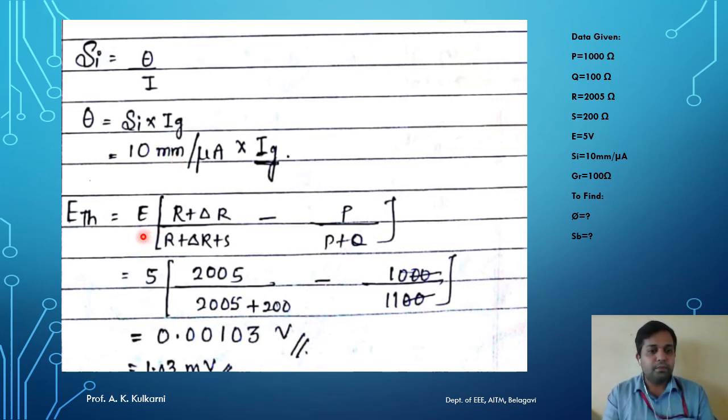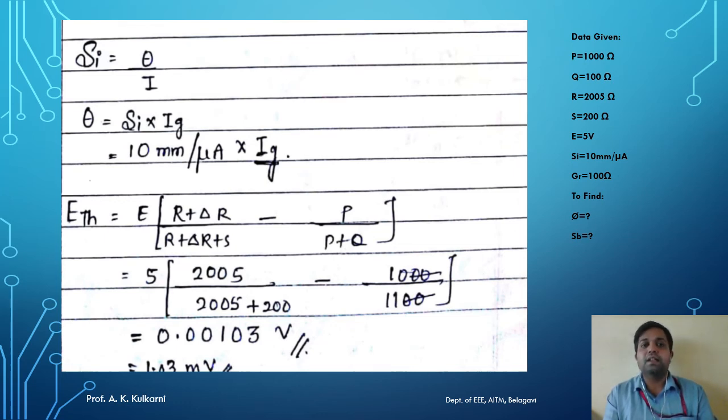Here E represents the applied voltage, which is 5 volts. Substituting the respective values in this equation, we get the Thevenin's voltage around 1.03 millivolt, or 0.00103 volts.